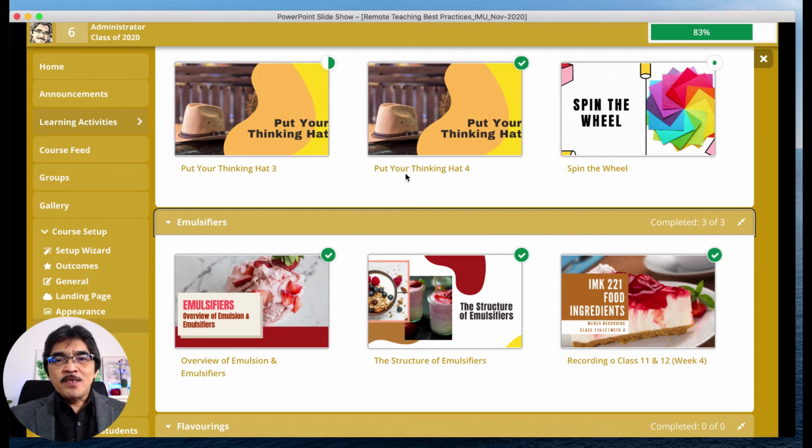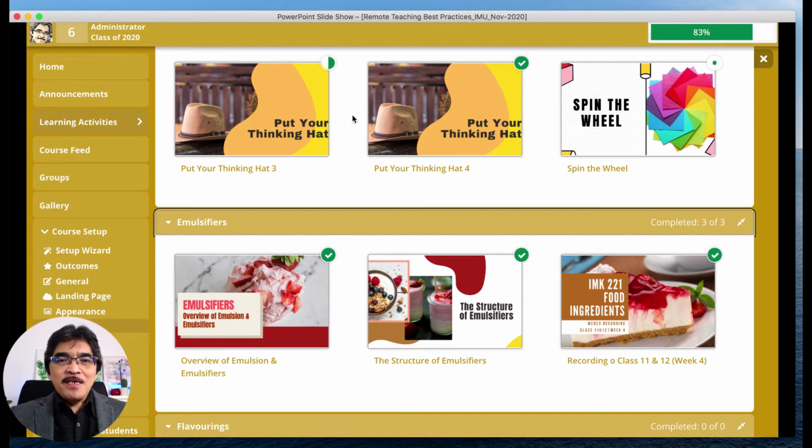Then when they come for the synchronous session, we don't want to use the time to give the content again, but rather we design a series of learning activities to take them deeper into the content, to engage them with the content, and also to engage them cognitively, getting them to put on their thinking hat.